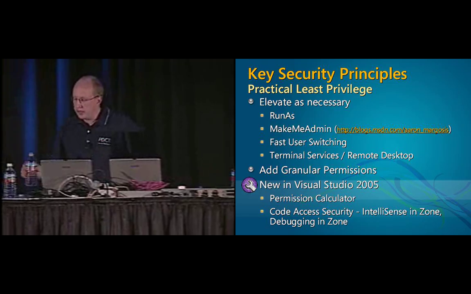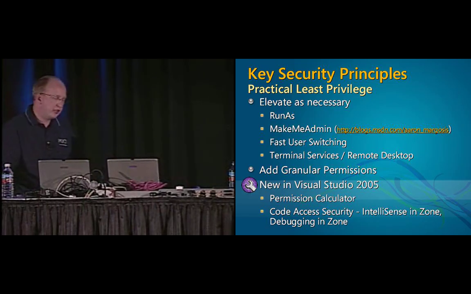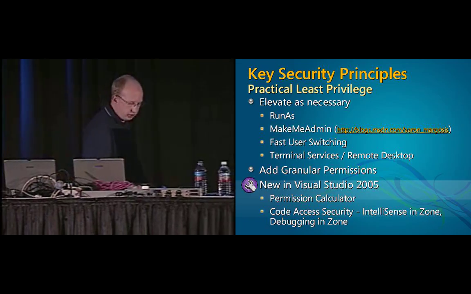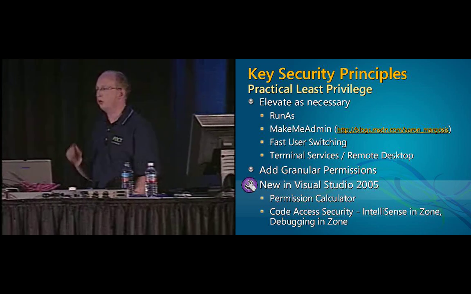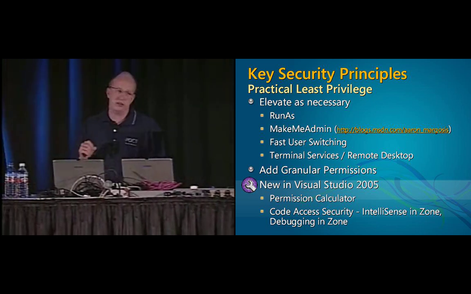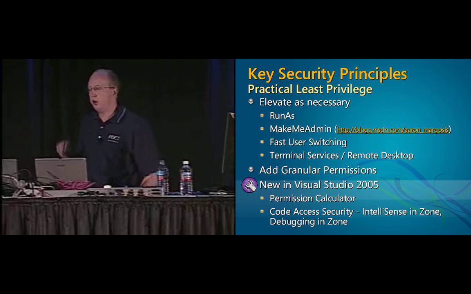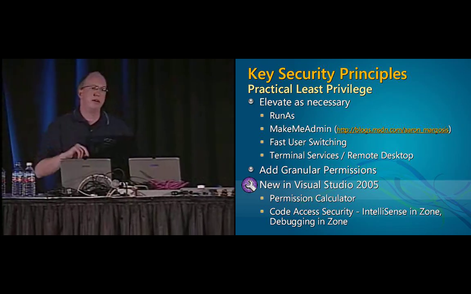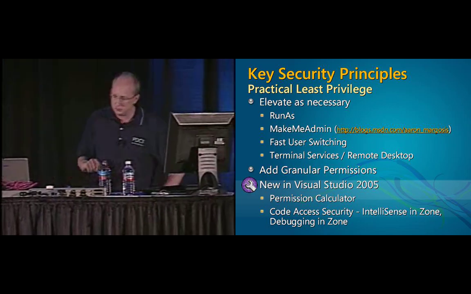From a running applications point of view, we've got this great thing in .NET called code access security. Code access security is really about limiting the access that your code has to protected resources and operations. It really has two modes, right? Your application can be a full trust application or it can be a partial trust application.